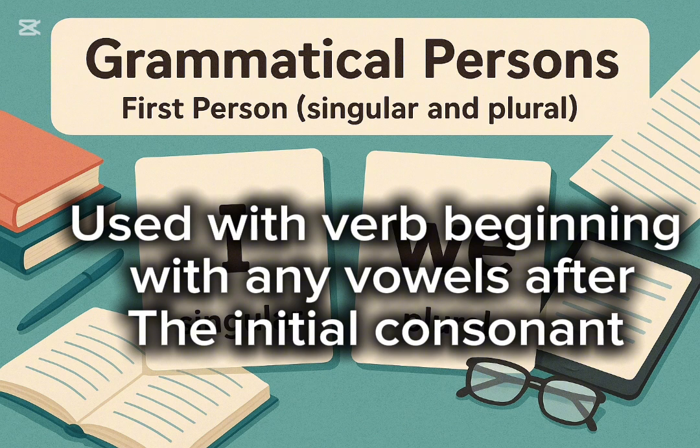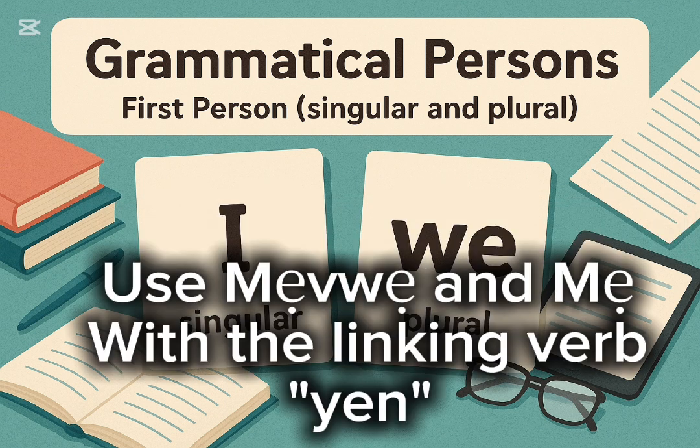The only different thing is that you must add a linking verb in between that first person pronoun and the verb. Unlike the mi and me that you just use the mi or the me, then you add your verb immediately. This one is different. It uses a linking verb to link that personal pronoun and the verb.